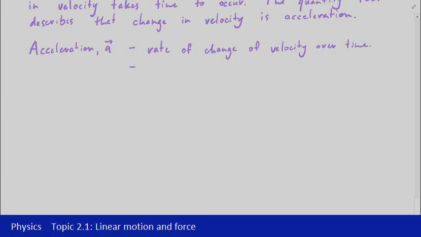As I said, it is a vector quantity, so the direction of acceleration is important, and we'll look at a few different scenarios where that occurs when we go through and do some questions. Easiest way to think of it though, if it's a positive, or in the forwards direction, acceleration, that basically means that the object is speeding up.